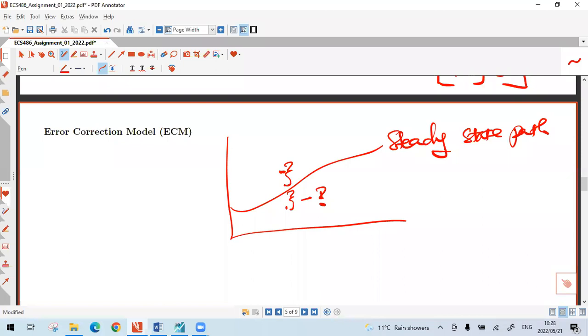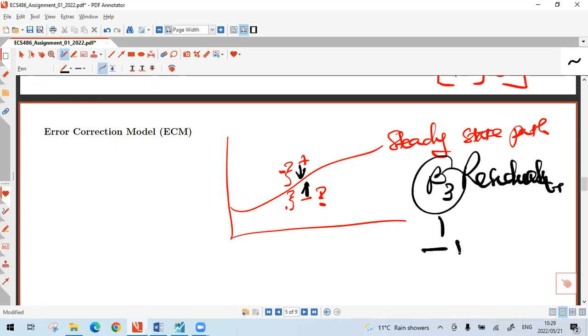If it's above here, it means it's a positive something. So for you to take it back to the steady state, you need to take this one back, and this one you need to take up. So a negative one, how do you take it back? You need to have your beta 3 being negative. That's what we are saying. This one should always be negative. Are we together there?